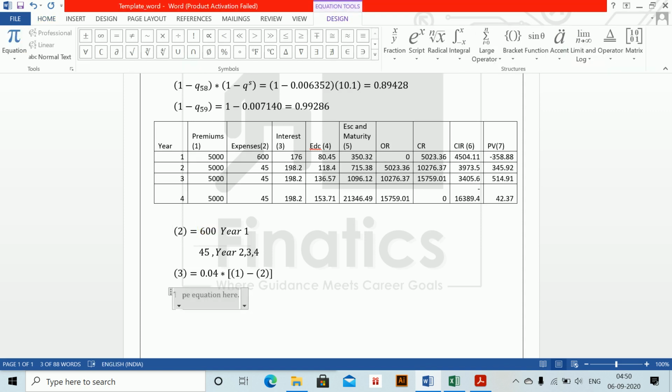Next, column 4 is equal to 100,000 into q_56+t.